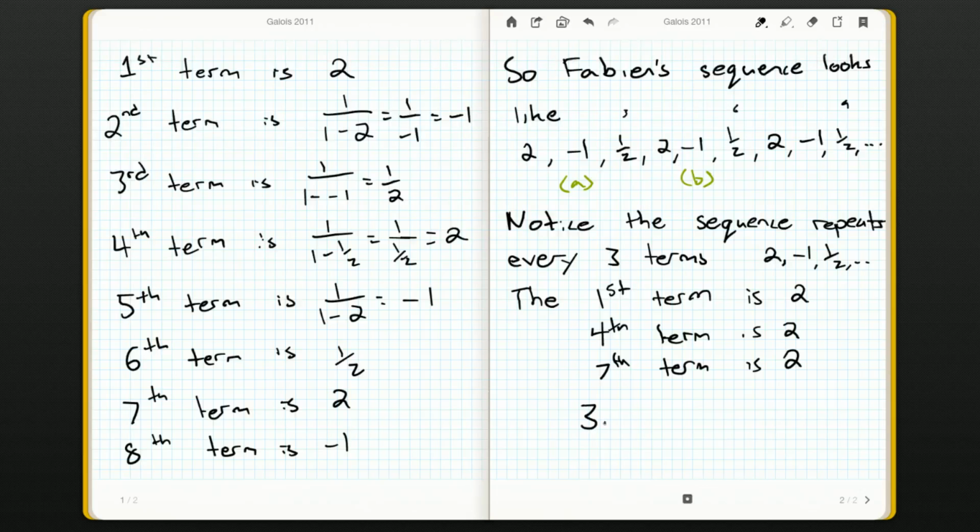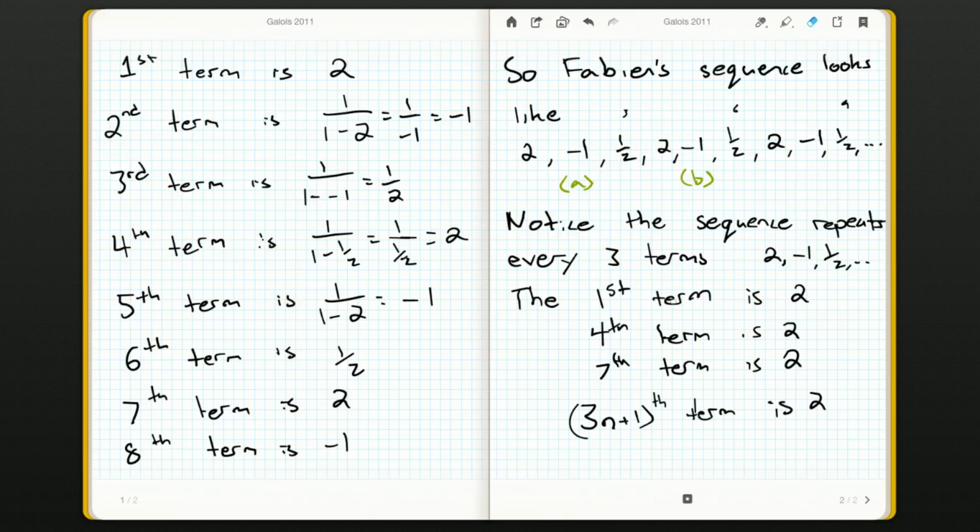So we can write that all nice, neat, and fancy as saying the 3n plus first term is 2. So this tells us a general formula for where our terms are going to be 2.